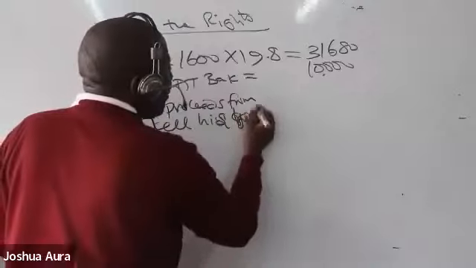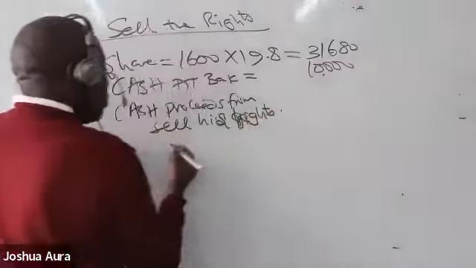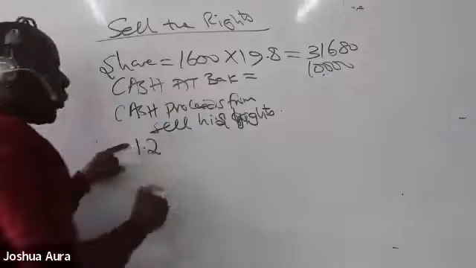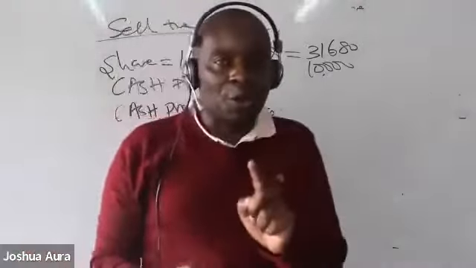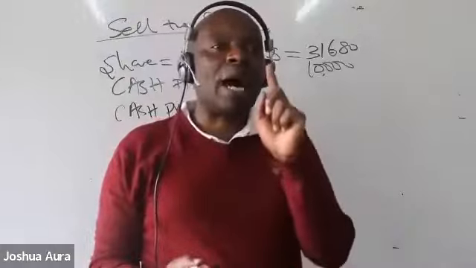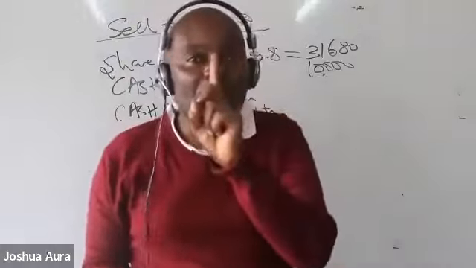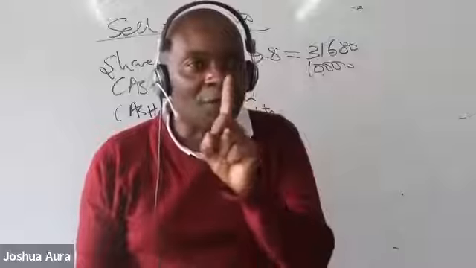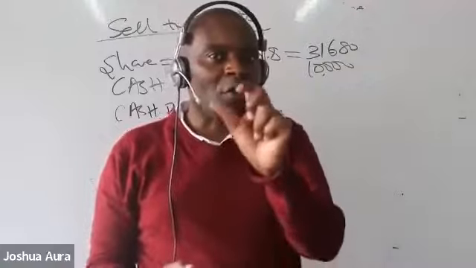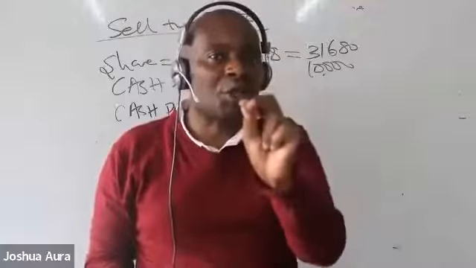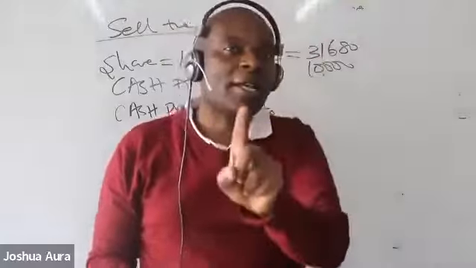Now, there is something you're supposed to know. The 1.2 that we got, the value of a right, is always value per old share. We call it value of a right, but it is attached to each of those old shares that you have.